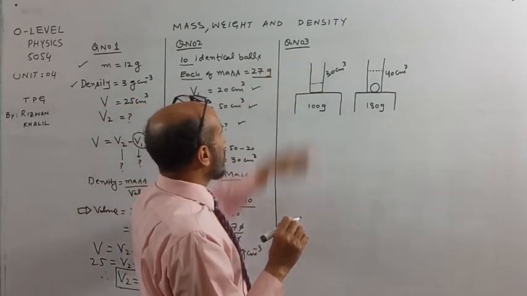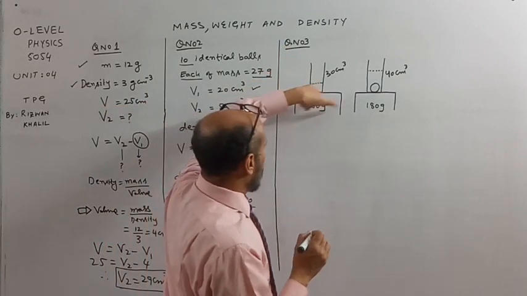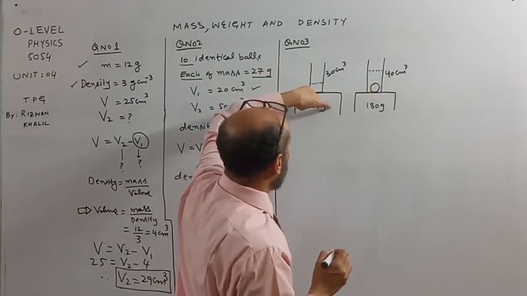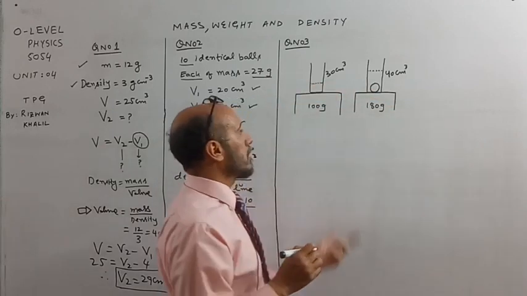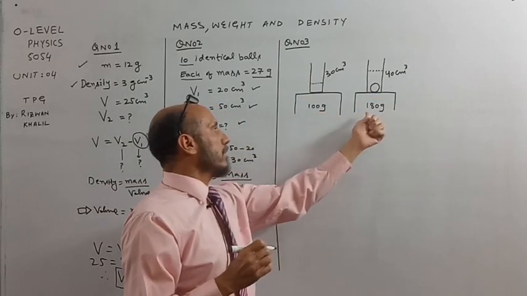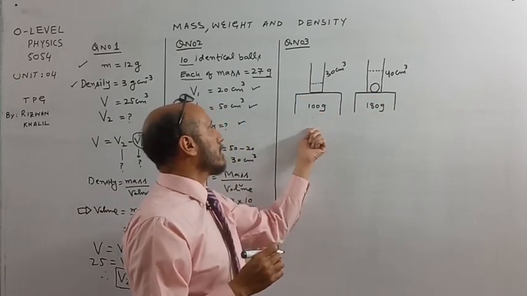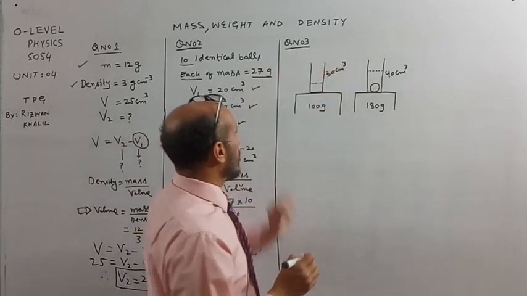Then, next question, question number 3. These are the two instruments, physical balance or electronic balance. Values are given on this electronic balance. Measuring cylinders were put on these balances.